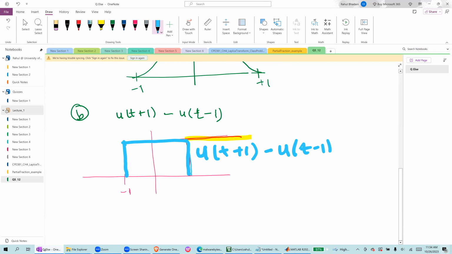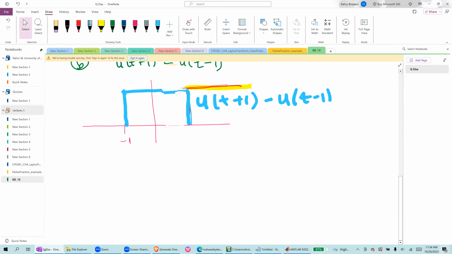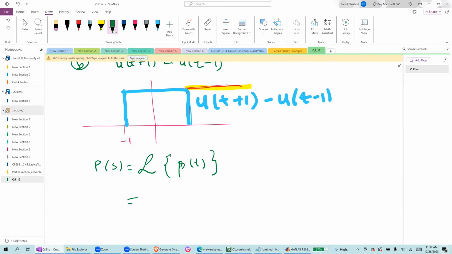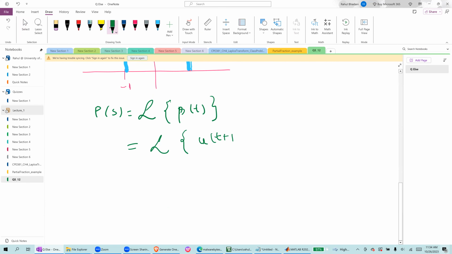Now we can consider the Laplace transform of this.